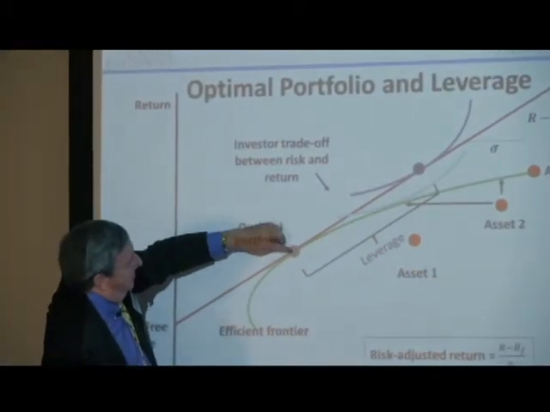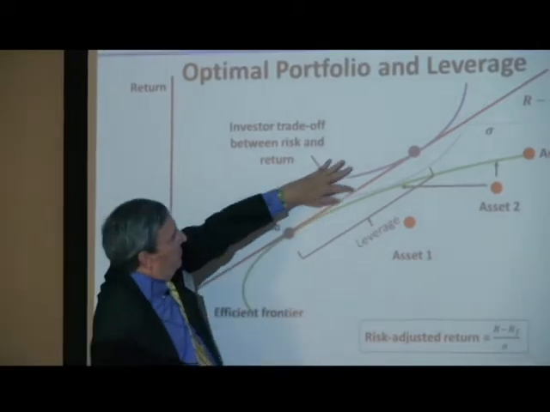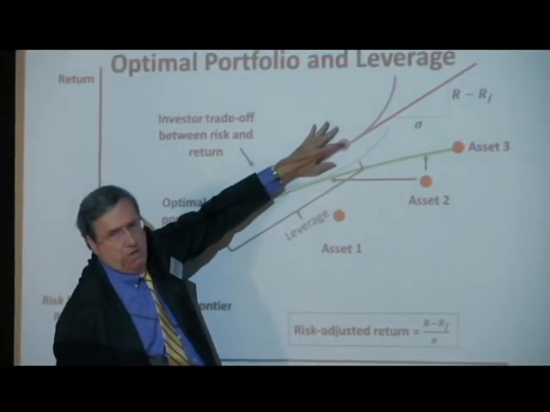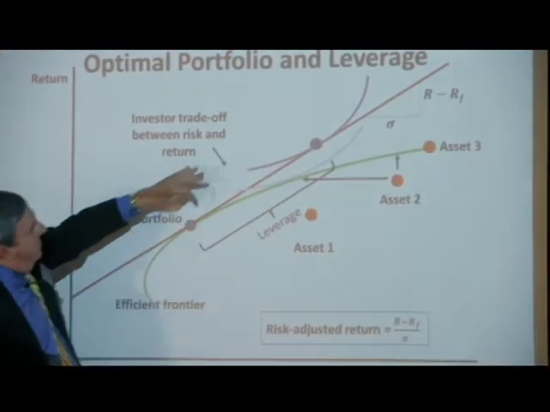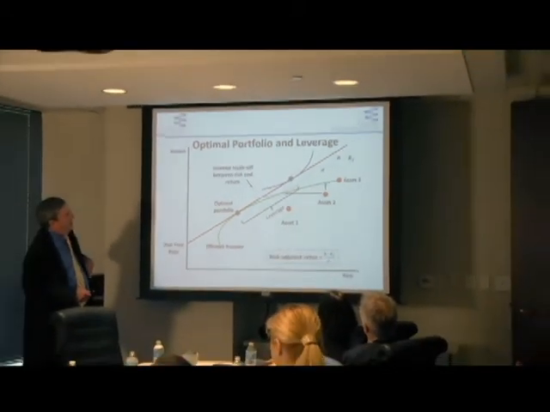This is the efficient point on the efficient frontier based on the returns in the capital markets. We can leverage up the portfolio, and we can actually increase the satisfaction or the utility to the investor. So this is a good example of how you can use leverage to make investors happier.